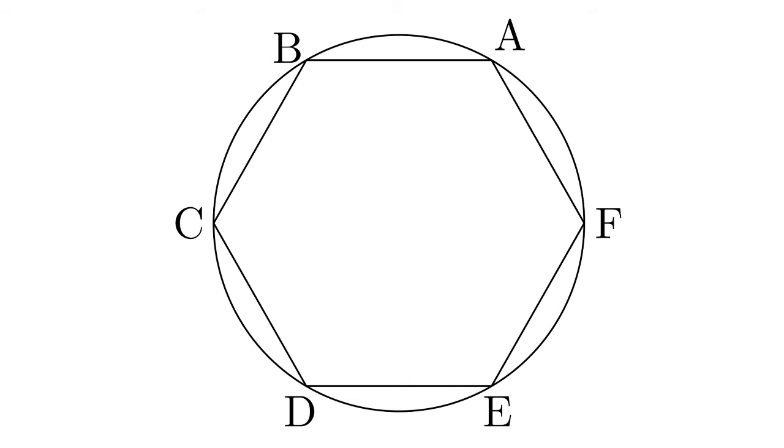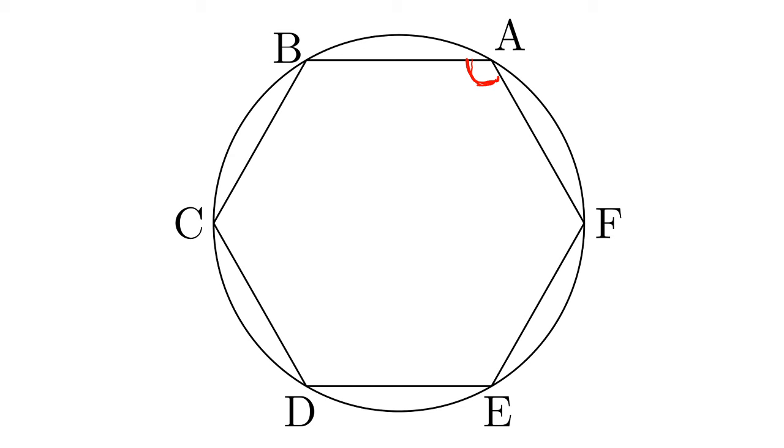I'm going to do this inside of a circle because I can. So if I were to ask you, find the measure of each angle of the regular hexagon A, B, C, D, E, F. So find the angle measure of each one.